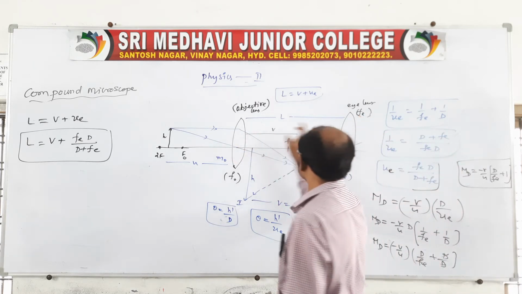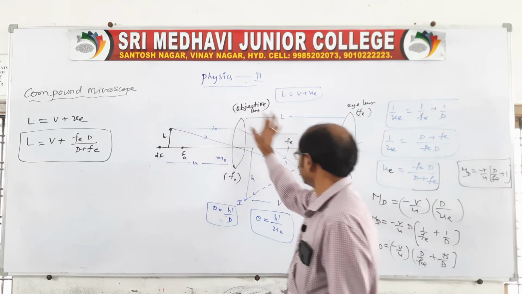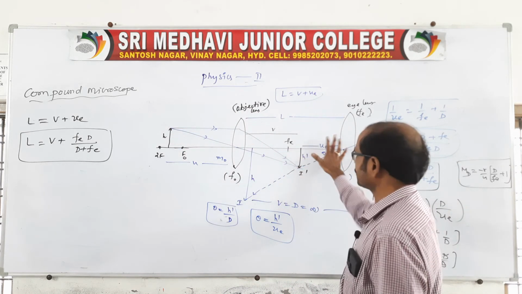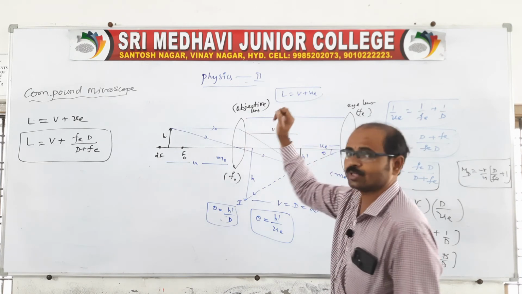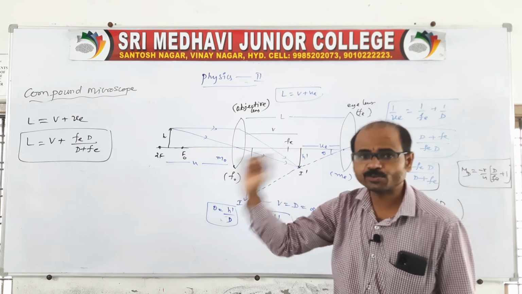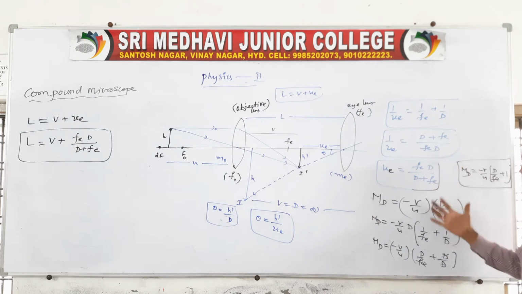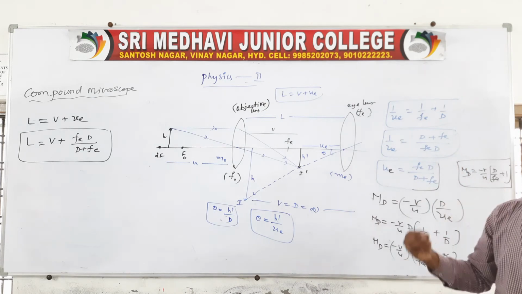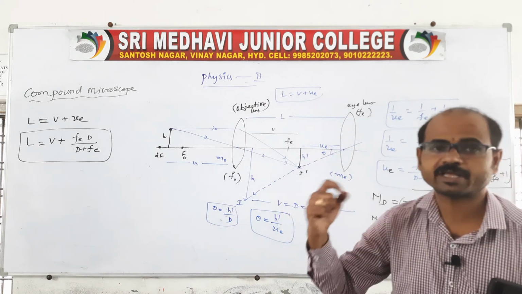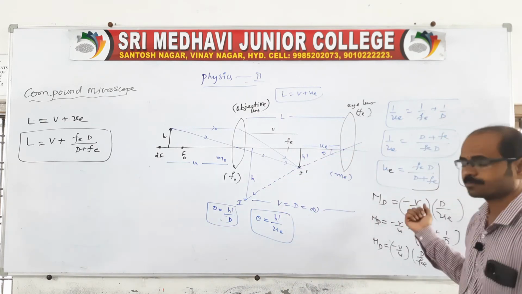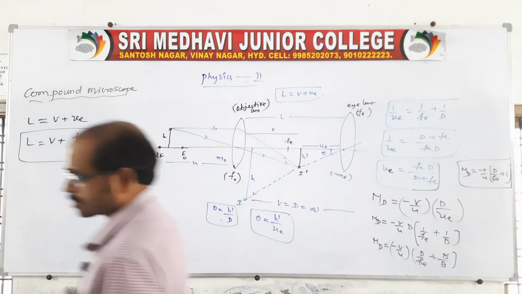The distance between the two lenses is capital L, which is V plus UE because of the image formation. Here we derived the different expressions and magnifications when the object is at different places, at infinity and at the near point. So this is clear information related to the compound microscope.